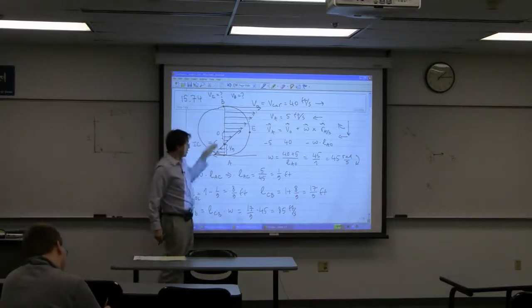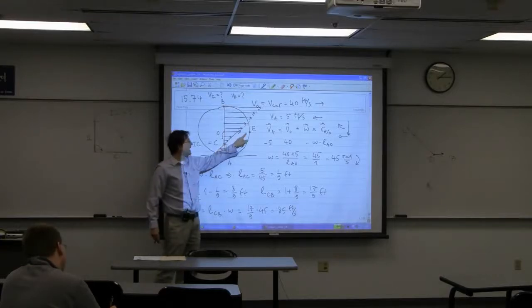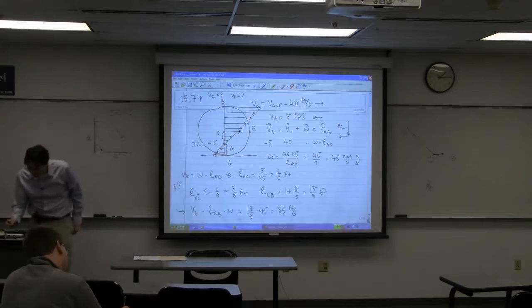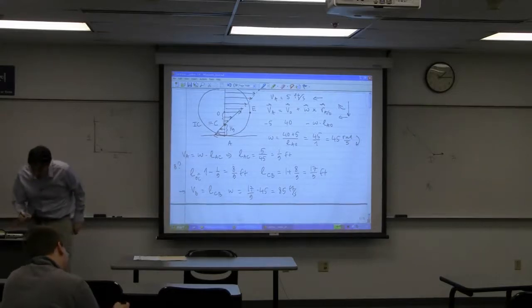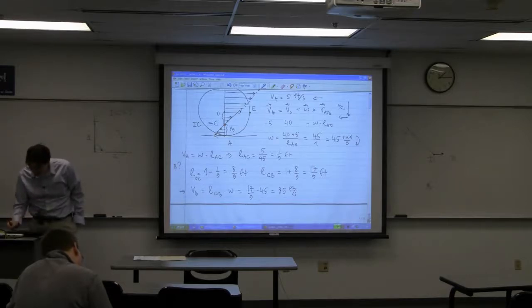Okay. So this we could have done with our previous analysis, but the determination of the velocity of E would be rather difficult because we would have to take this vector product between CE and omega, which is relatively difficult.